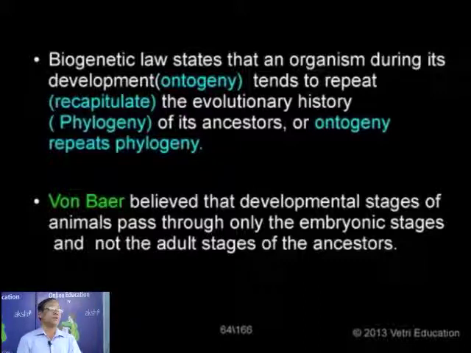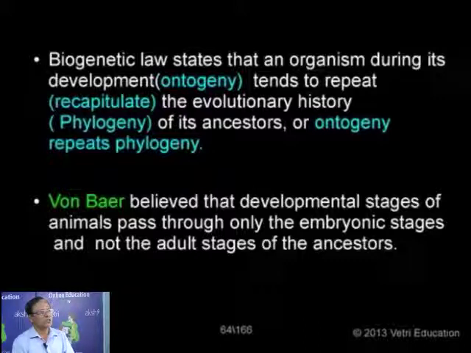What is the meaning? For example, in the life history of a frog, we have the tadpole larva. The tadpole larva looks like a fish. So the fish character has been repeated in the lifetime of a frog. So the life history of the frog is called ontogeny. And we are talking about its ancestor, it has descended from a fish-like ancestor, and that is called phylogeny.